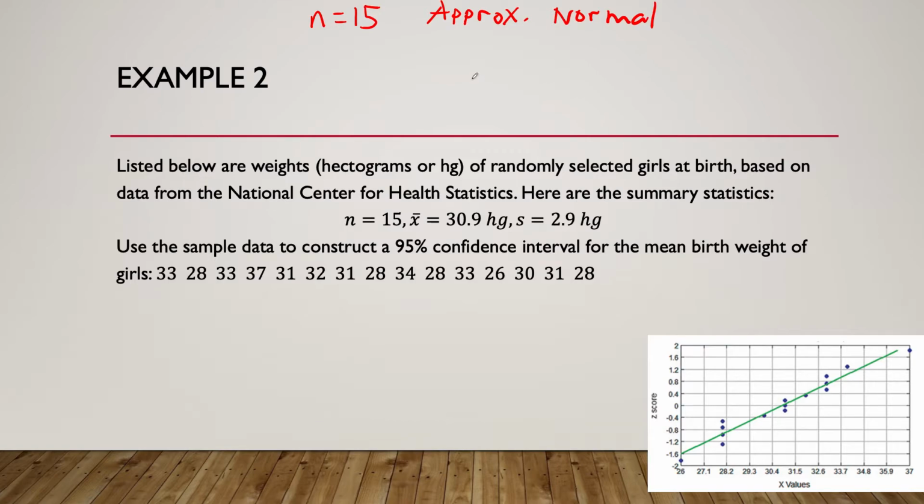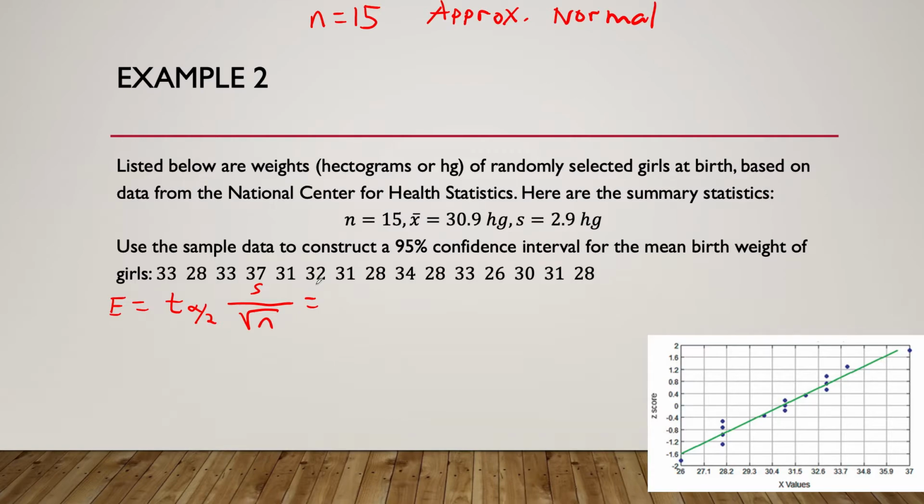In order for us to do this, we need to calculate the margin of error, E. This would be that t value at alpha divided by 2. So we want the 95% confidence interval. We just found this in the last slide to be 2.145, but this would be t sub alpha divided by 2 times the sample standard deviation divided by the square root of the sample size.